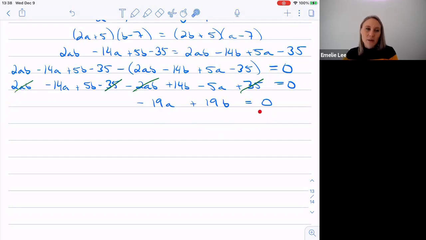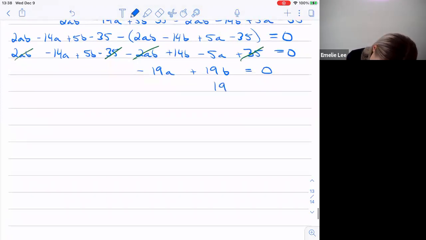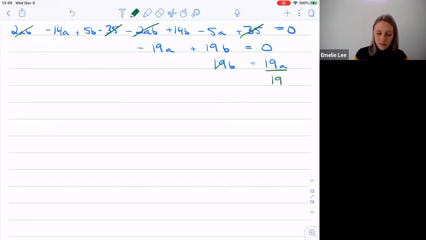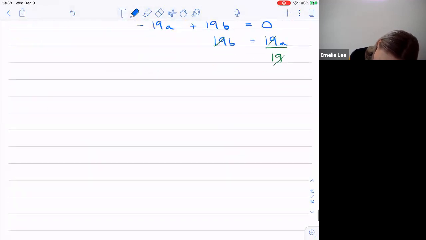I know that puts me at b equals a, but that's the same as a equals b, so no harm, no foul. 19b is 19a. So if I divide this 19 over, then these guys will cancel, and I'm left with b equals a.